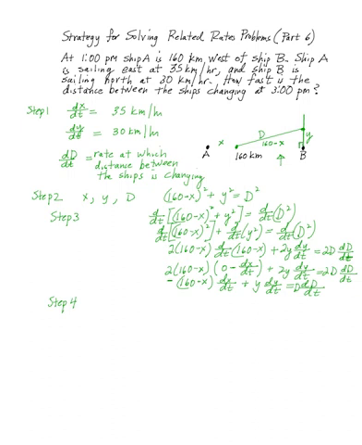So I should either be given everything else. Now notice I'm given dx dt in step 1, dy dt in step 1, but I've got to find the x and the y and the d at the particular instant in time, 3 o'clock.